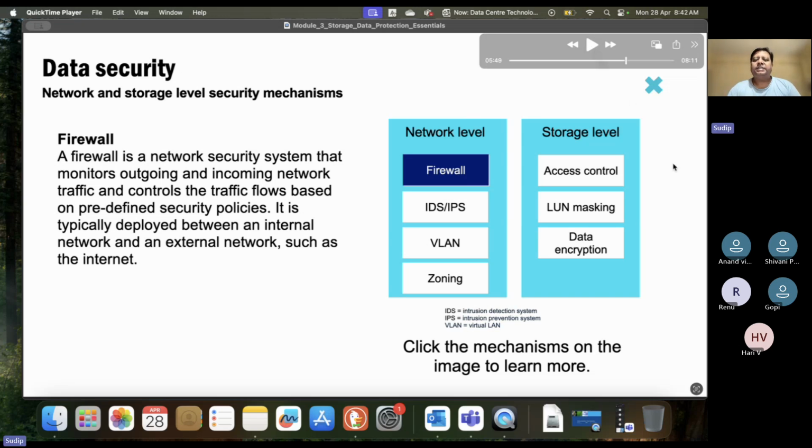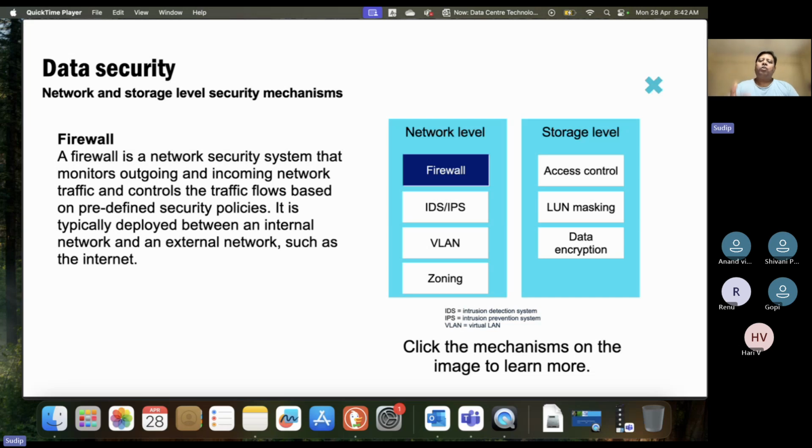As the name suggests, it is like a wall that you're creating. It is like a barrier that you're creating between the customer's inside world and the outside world. Now, what is the customer's inside world or the inside network? That's nothing but the customer's LAN, the local area network that has been developed inside their data center.